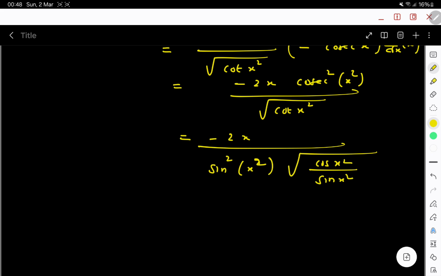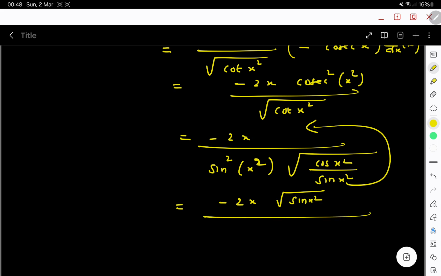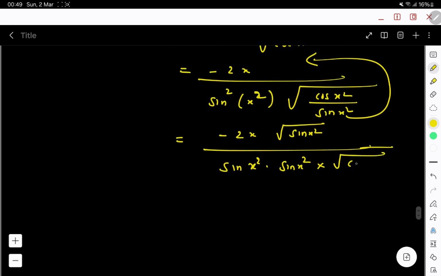Sin x square. Okay, so both are under root. Now root of sin x square to the numerator, so minus 2x under root of sin x square divided by sin square x square, which is written as sin x square into sin x square, to simplify, into under root of cos x square.